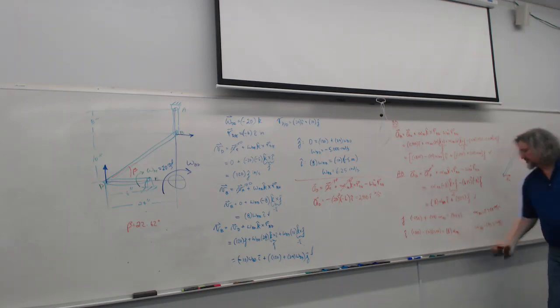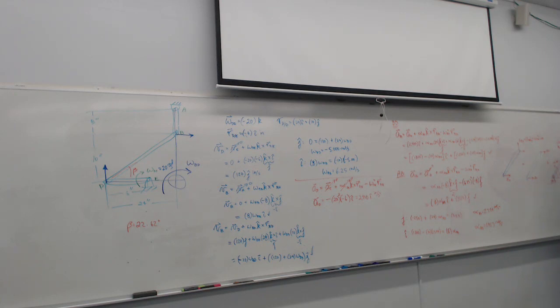Thank you. Yeah. You're right. When you're right, you're right. Omega BD squared LBD. Alpha BD LBD. And here's my beta. And if that's beta, then that has to be beta, right?